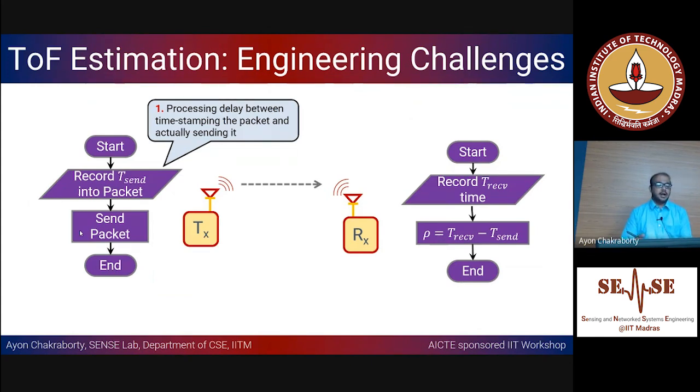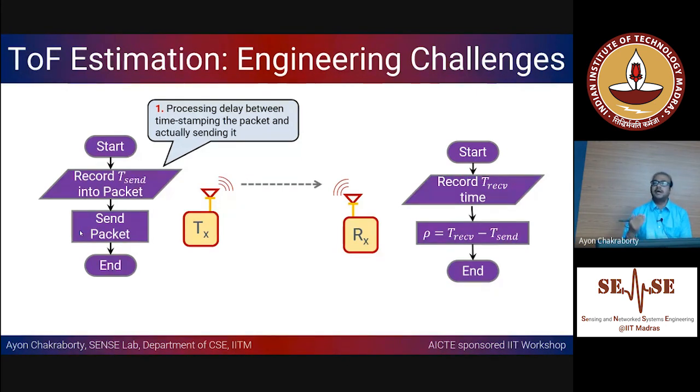Okay, so when you say that record this t send into a packet, of course always think of a typical computer system where you have an operating system that writes values to the packets, right? Or the network interface card could be writing the timestamp to the particular packet, right? So there will be a processing delay in between the timestamping the packet and actually sending it. Think about why I am bringing this kind of things up.